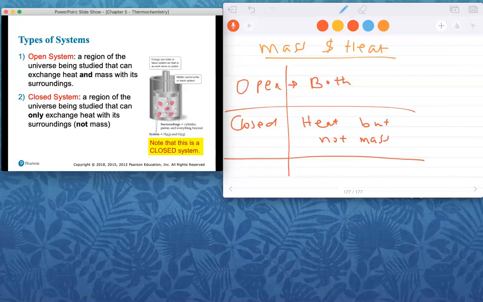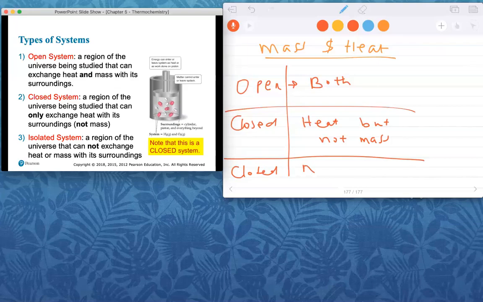Closed system, that means heat is given up. And then isolated system is no exchange, no closed right here. None is lost from the system. That means heat will be conserved and mass will be conserved.